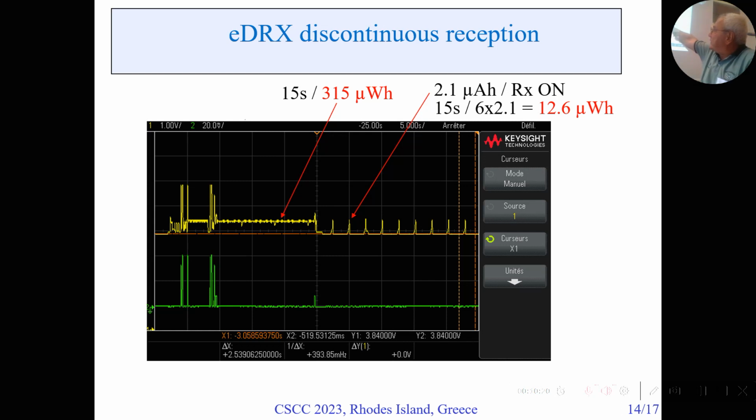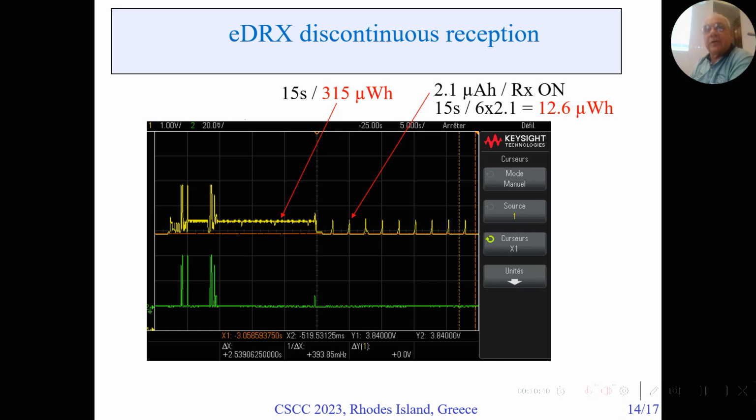So the acknowledgement will arrive somewhere when the receiver is switched on. The network knows when the receiver will be switched on, and it will send the acknowledgement during this period of time. So that decreases the power consumption of the receiver, and we move to 315 microwatt hours.